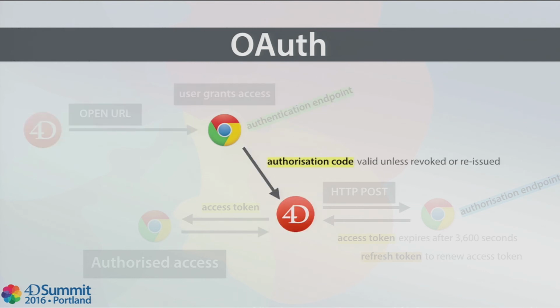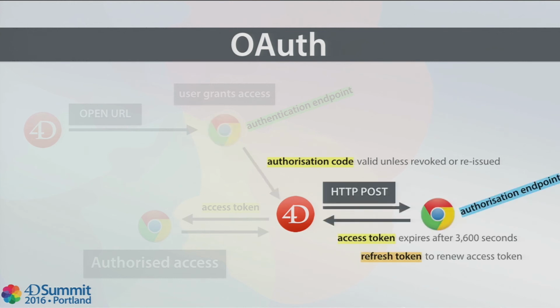And let's say the user does grant access for the application to do that on their behalf, then they're given what is called an authorization code. You tell that to 4D, then 4D can use that code to do whatever it wants to do, like send an email by doing an HTTP post to what is called an authorization endpoint.